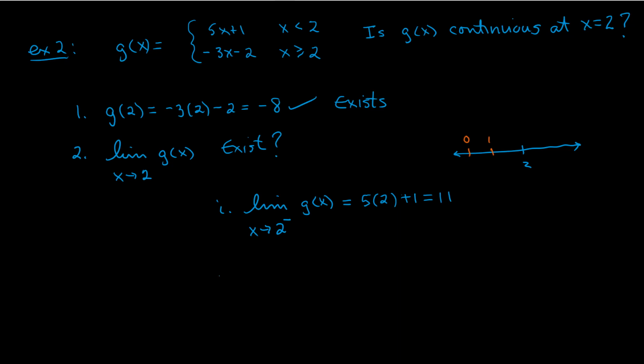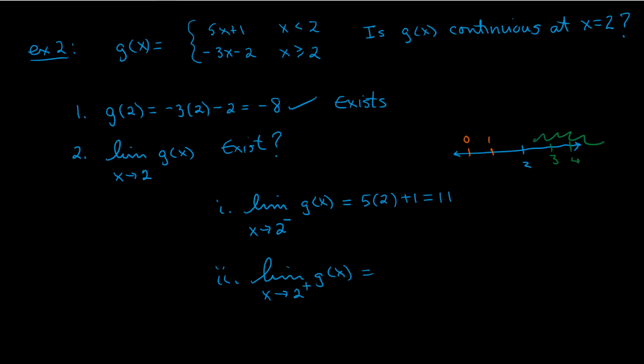The next thing we're going to do is we're going to evaluate this exact same function, g of x, as x approaches 2, but this time it's going to be from the right-hand side. Once again, referencing the number line, to the right are things like 3 and 4, stuff over here.